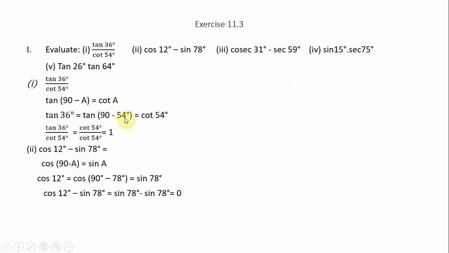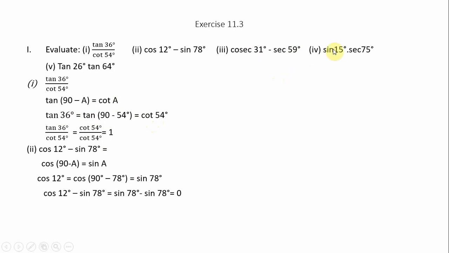So 90 minus 59. Here it is cosecant, so we will write it as secant 59. Now substitute the value in the given question. It becomes secant 59 minus secant 59, which is equal to 0.